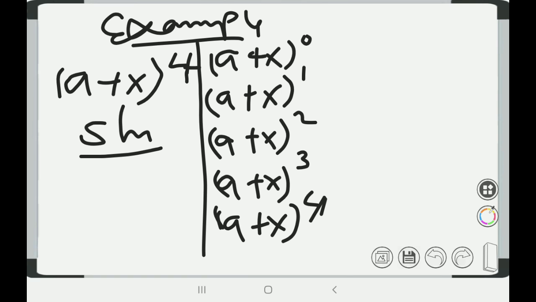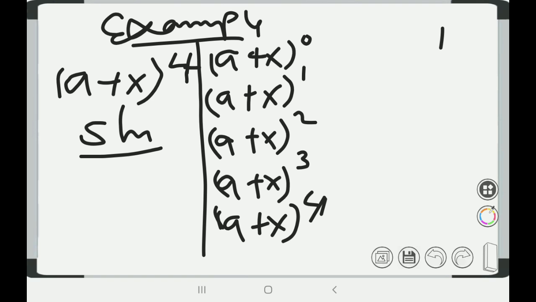So in Pascal triangle, when you see an expression raised to 0, any number raised to 0 is 1. When you see this raised to 1, know that you have two terms of coefficient, and the first term should always be 1 and the last term should always be 1.